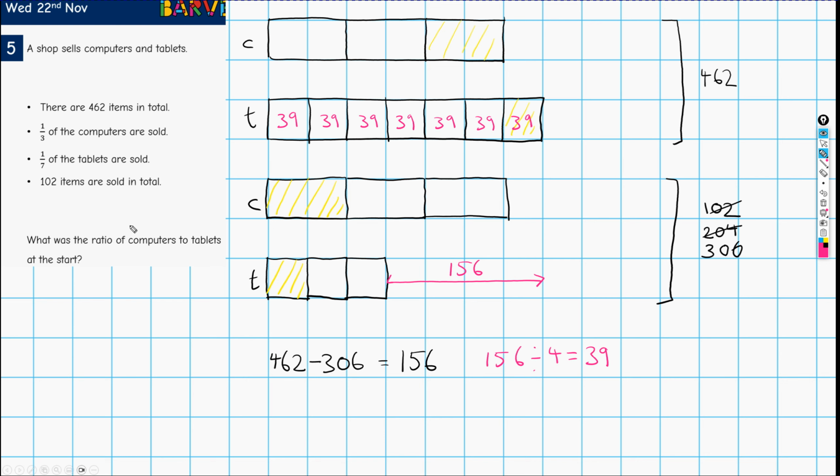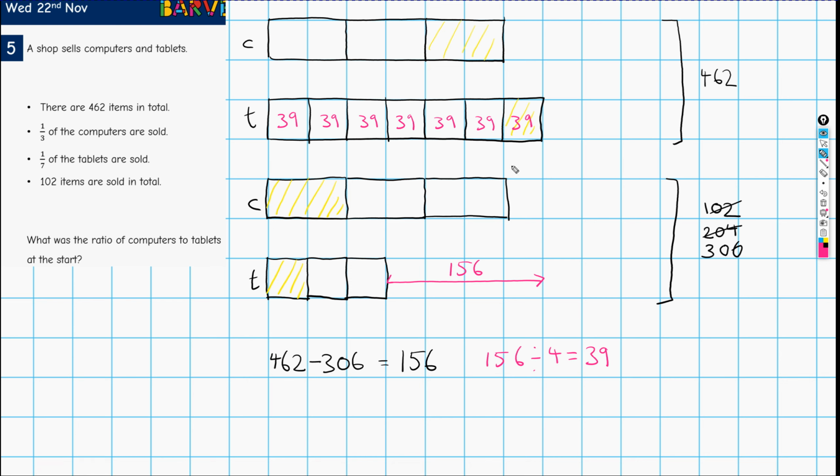So now what do we need to work out? We're doing a lot of calculations here. We need to go back and make sure that we know what we're asked. What was the ratio of computers to tablets? That means we need to know at the start, that's this model here, how many computers there were and how many tablets there were. So how do we work that out?